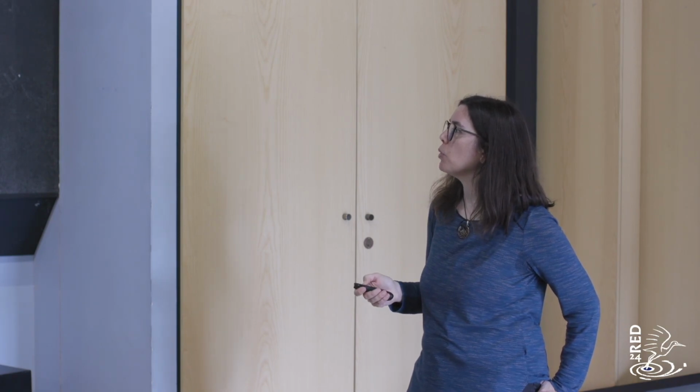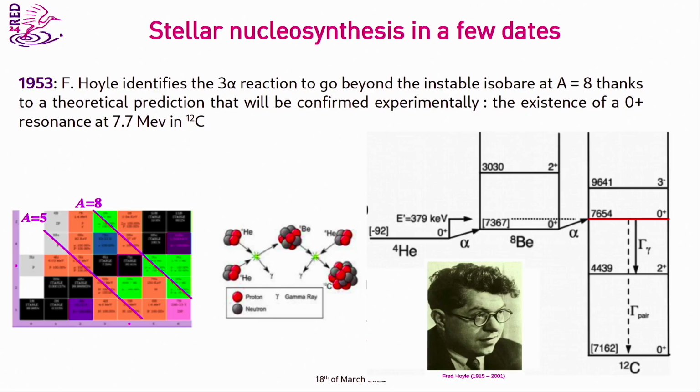resonance. So Fred Hoyle identified that you can put together 3 alpha particles to build carbon, and thus go beyond the unstable isobar of mass 8.